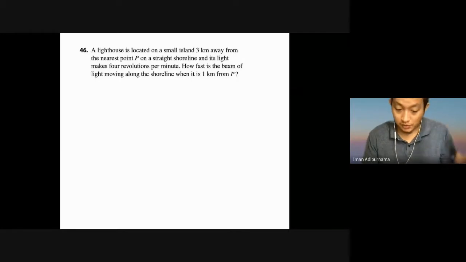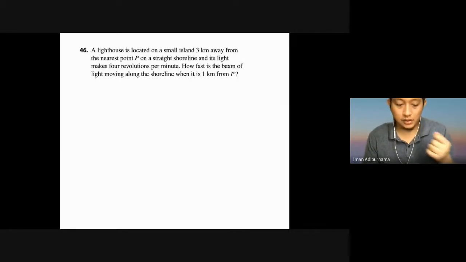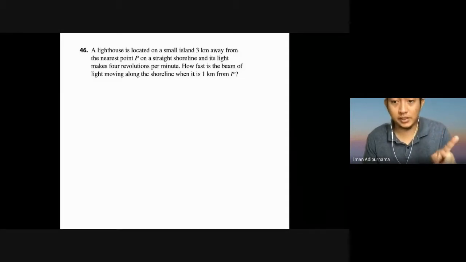And the light from the lighthouse makes 4 revolutions per minute. 4 revolutions, so 1 revolution is 1 circle. So how fast is the beam of light moving along the shoreline when it is 1 kilometer from P?